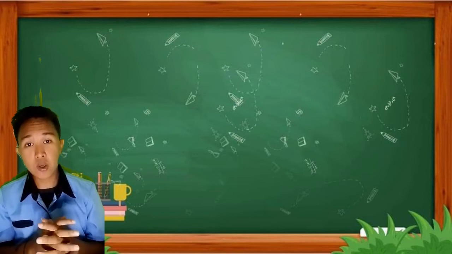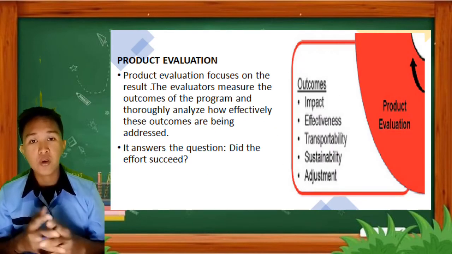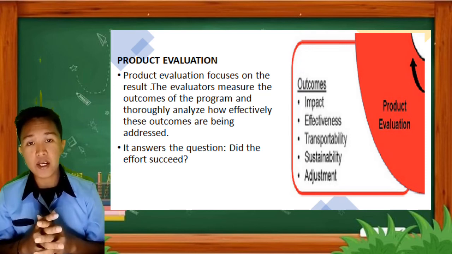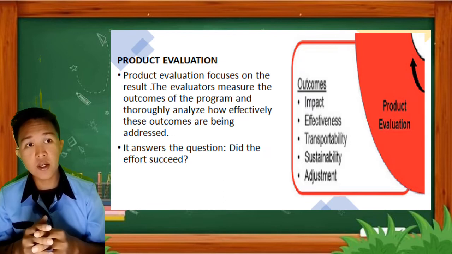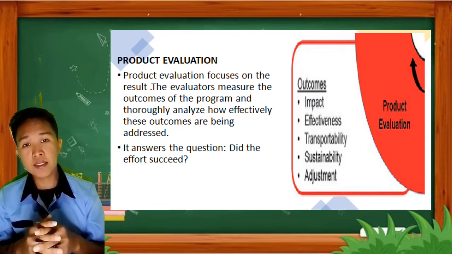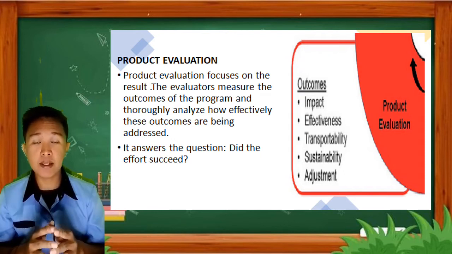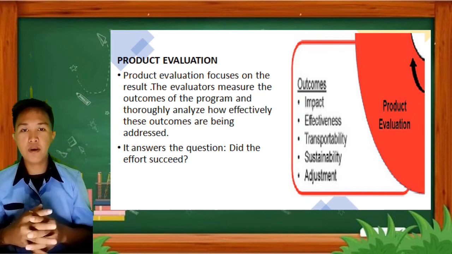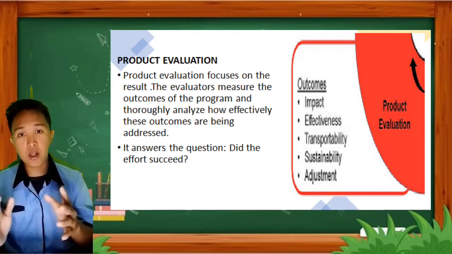Next, let's talk about product evaluation. So here in the product evaluation, we have outcomes. First is impact, next is effectiveness, transportability, sustainability, and adjustment. So product evaluation focuses on the result.